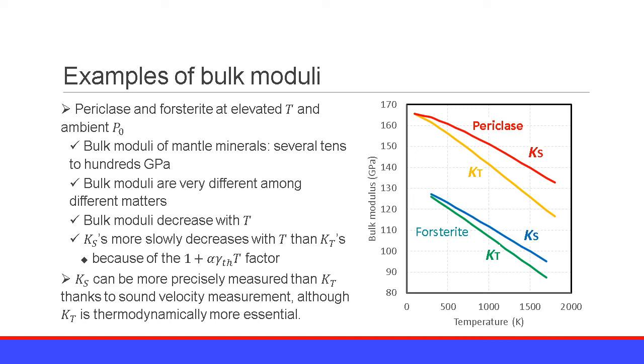Bulk moduli decrease with increasing temperature, and the adiabatic bulk modulus decreases more slowly than the isothermal bulk modulus because of the factor 1 plus alpha gamma th T.